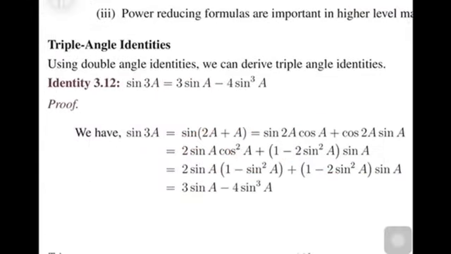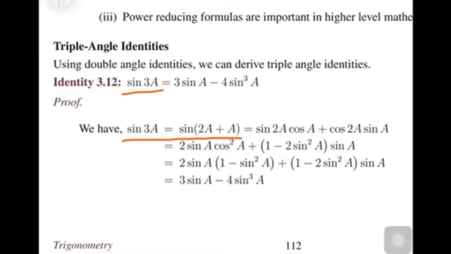Now, triple angle identities. Using the double angle identities, we can derive the triple angle identities. That is, sin 3A, I want to calculate. So sin 3A, I write as sin of 2A plus A. Here also I am using the sin A plus B formula, and after deriving this, we will get sin 3A is equal to 3 sin A minus 4 sin cube A. Similarly, we have to find the triple angle identities for cos 3A and tan 3A.